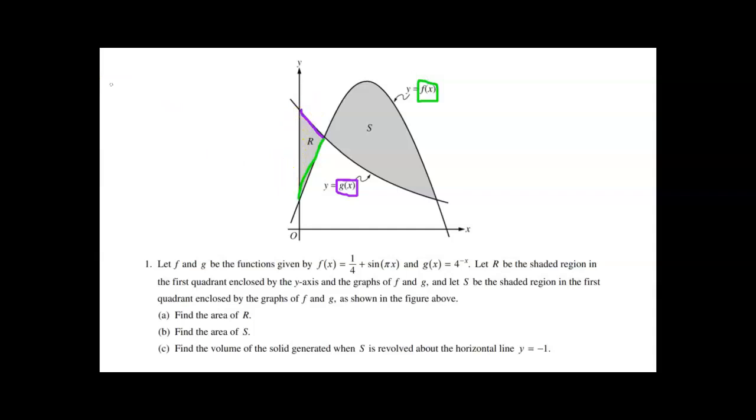It's going to be top minus bottom, so it's going to be g minus f. Now, where are we integrating to and from? Well, we start here on the left at x equals 0, and we end our integration here where they cross, and we have to find that point on our calculator, and that's an intersection point.